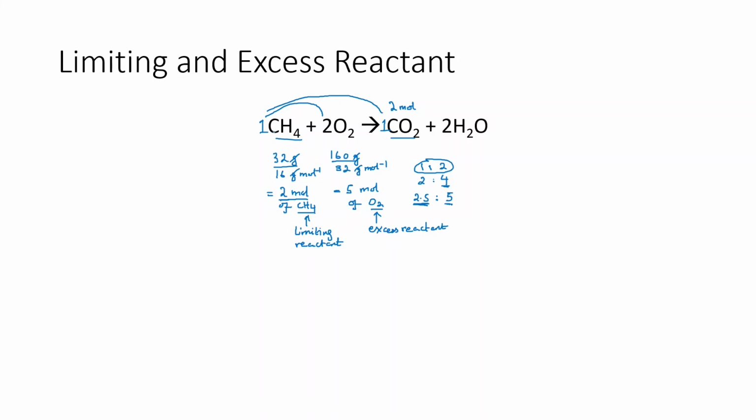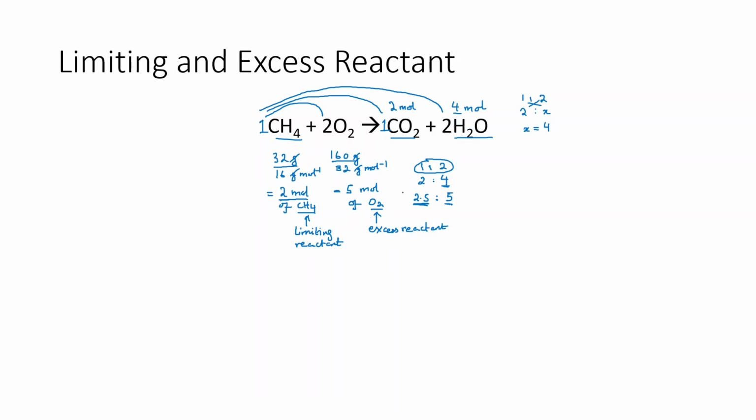And then from methane, the limiting reactant, once again, we have a 1 to 2 molar ratio with water, right? So if we have 2 moles of methane, we should get X moles of water. We just cross multiply, and X becomes 4 in this case, right? So we have 2 moles of carbon dioxide and 4 moles of water, right?